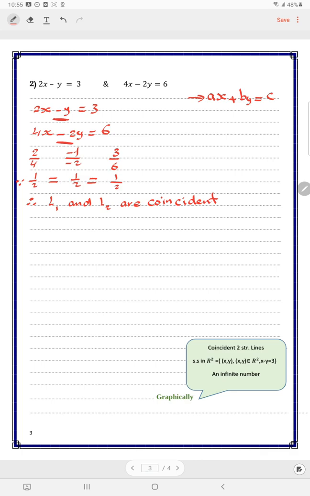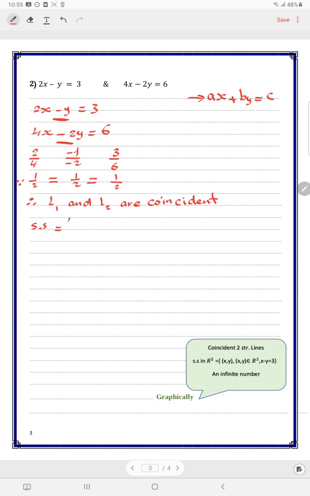One of them lies on the other. So I will write the answer directly, without using the omitting method or the substituting method. So I will write the solution set equals; coincident means any point of the first is a solution of the other.